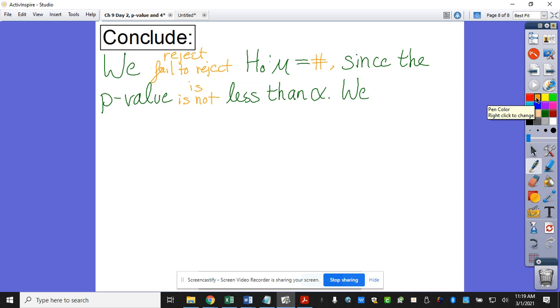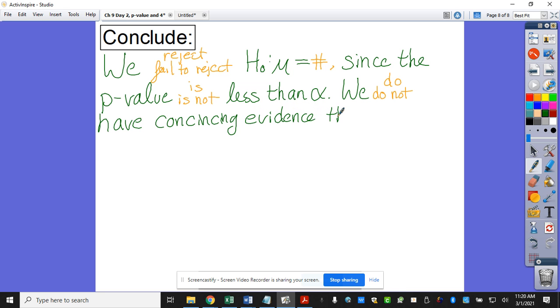So this top line we reject if the p-value is less because we do have convincing evidence, or we fail to reject is not because we do not have convincing evidence. And then we're doing it in terms of the direction of the alternative hypothesis.